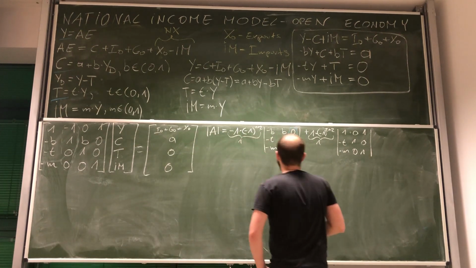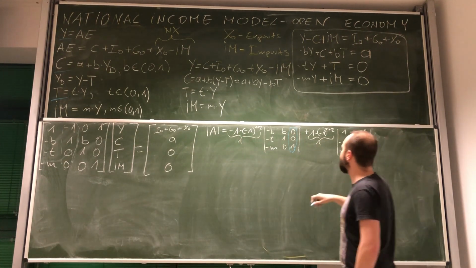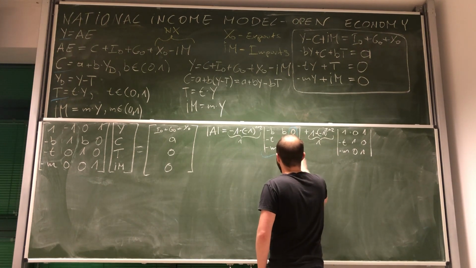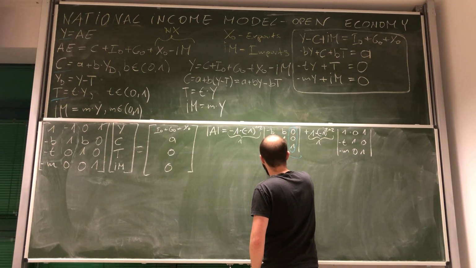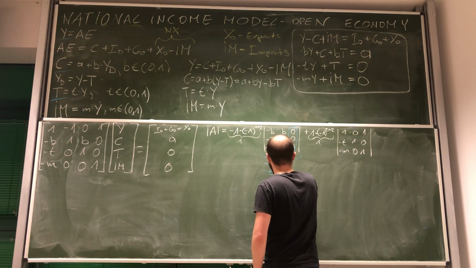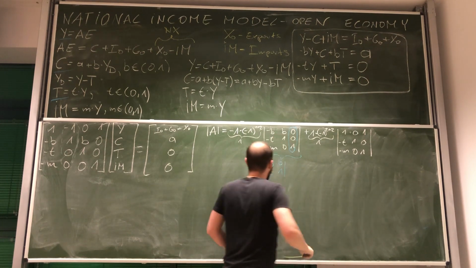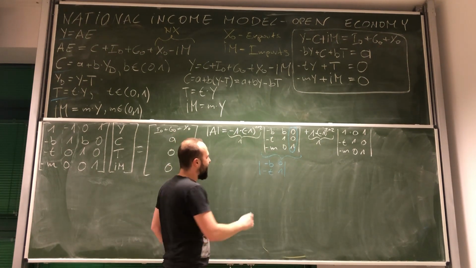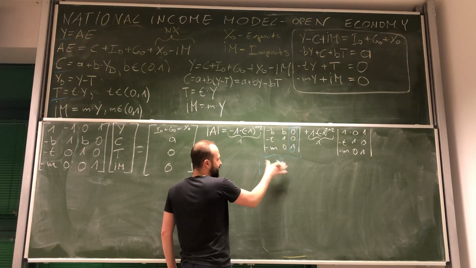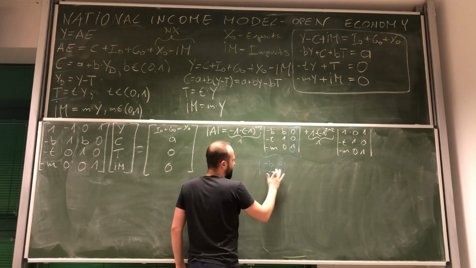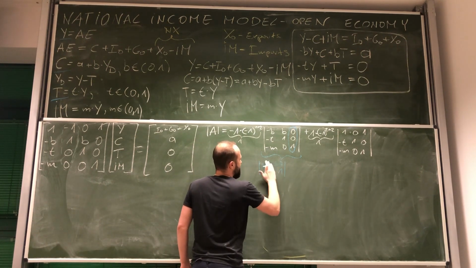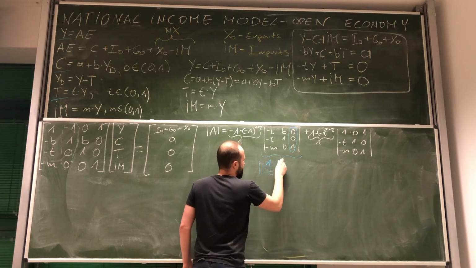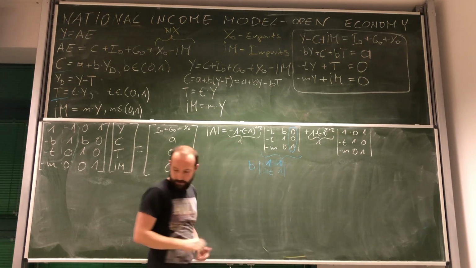Because look, if I'm gonna make an expansion by this element, this is just gonna turn into negative b times negative t, negative b, negative t, 1. And look, out of this, I can take out negative 1 from the first column and b from the first row. Okay?